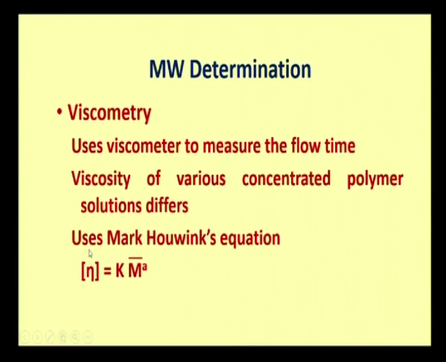So, depending on the viscosity and the time to flow for the polymer solutions, the calculation is done. Here, the method also uses a very popular equation called the Mark-Houwink equation, which tells you that the intrinsic viscosity is given by K M̄v^a, where M̄v is the viscosity average molecular weight and K and a are constants which depend on a particular polymer in a particular solvent at a particular temperature.